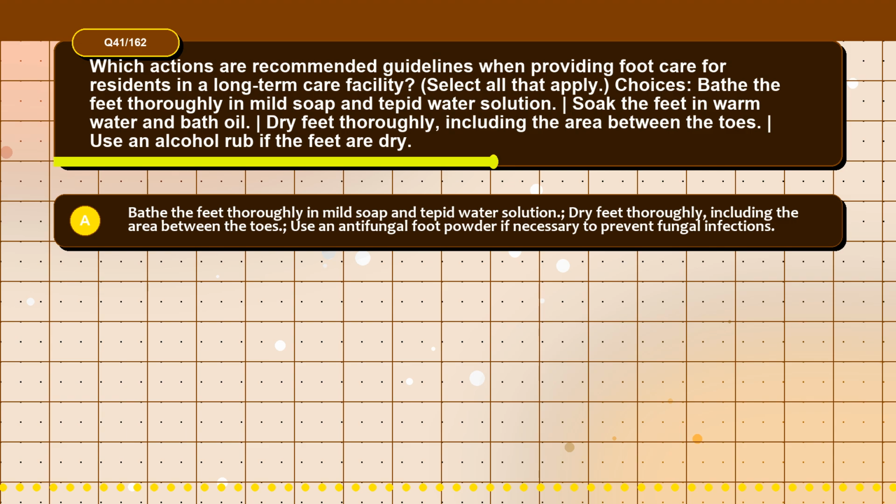Use an alcohol rub if the feet are dry. Here are the options. Option A: bathe the feet thoroughly in mild soap and tepid water solution. Dry feet thoroughly, including the area between the toes. Use an antifungal foot powder if necessary to prevent fungal infections.